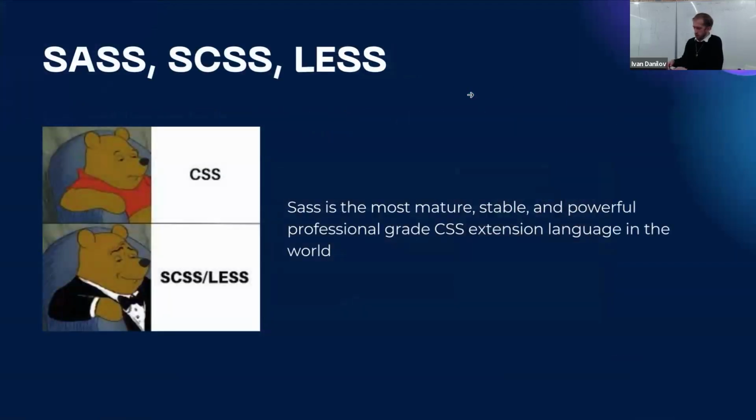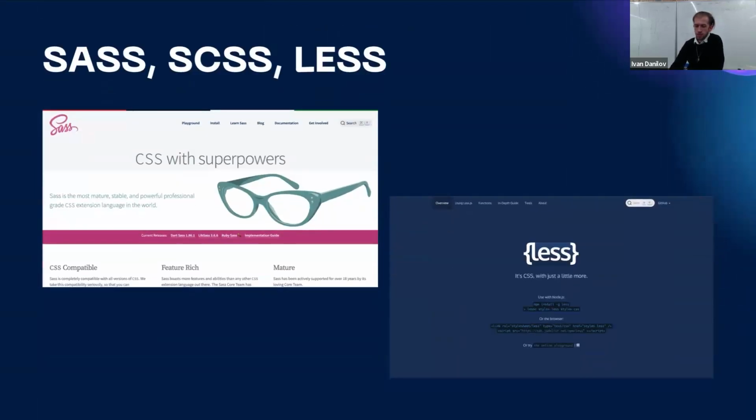Yes, and here we also have a very interesting thing in CSS, because CSS is not that cool, and we want to be cooler, we want to be better, and we don't want to write a lot of code. We want to reduce code. So we have SASS, and we have CSS and Less, and it's really like CSS with superpowers, because with that you can write a lot of different things and it will look very cool.